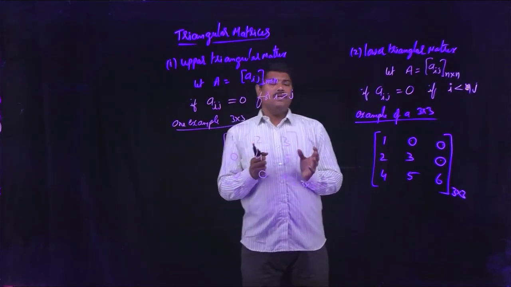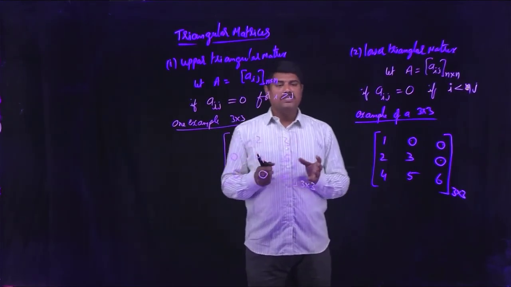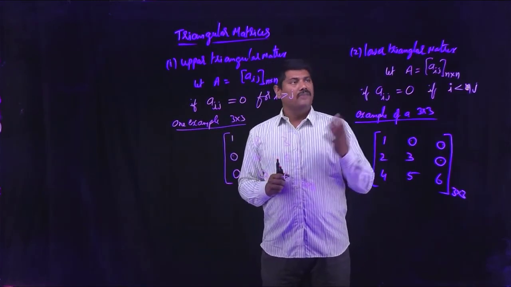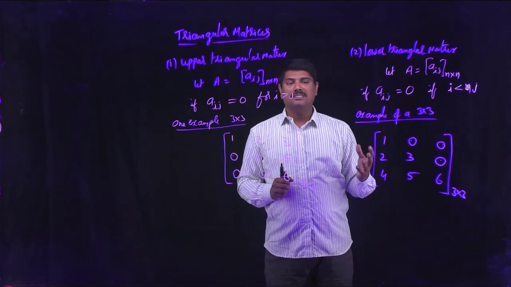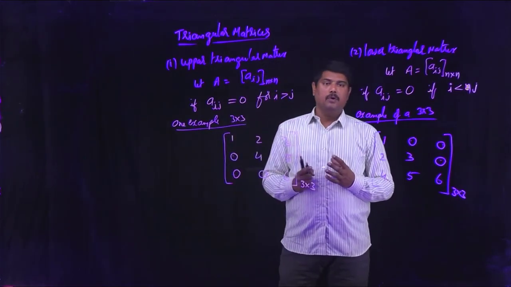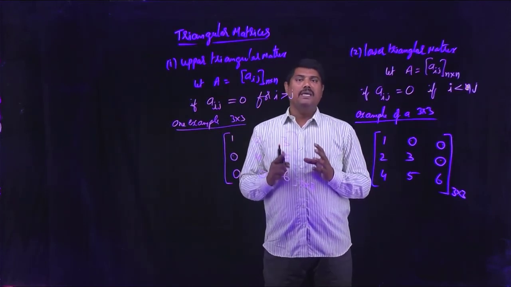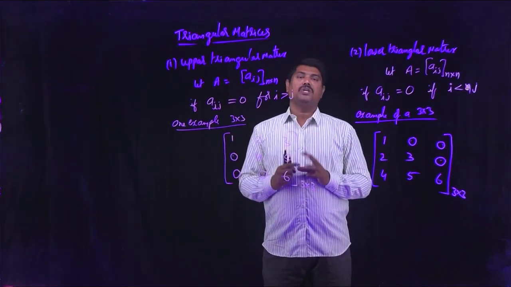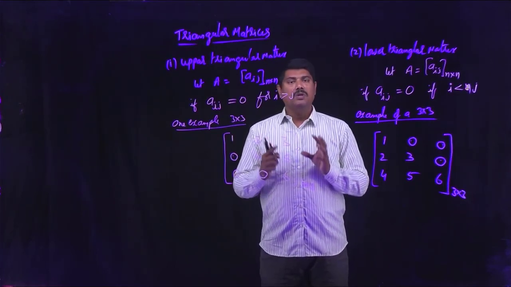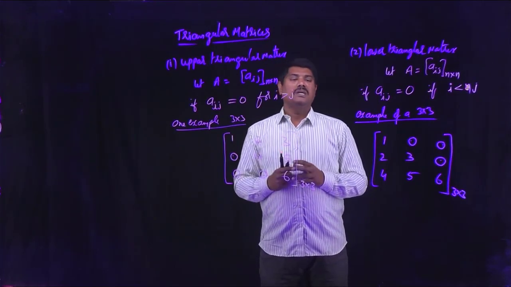In an examination, you may have a question like this: define upper triangular matrix and give one example. Define lower triangular matrix and give one example. So from the matrix point of view, definitions are also very important. The student has to learn the definition using the concept, and be able to give an example for those definitions also.